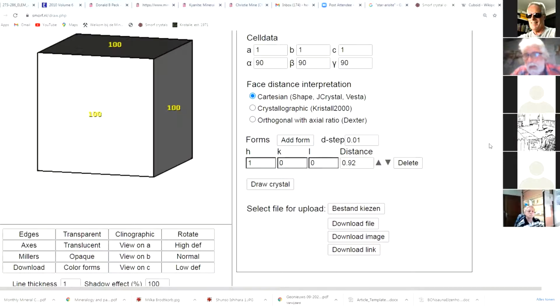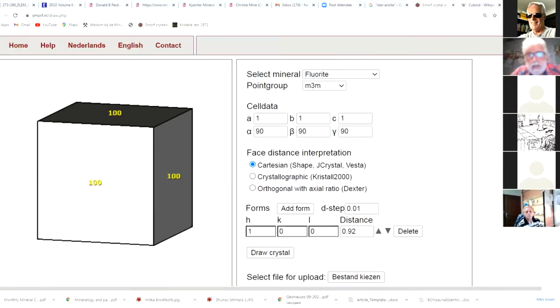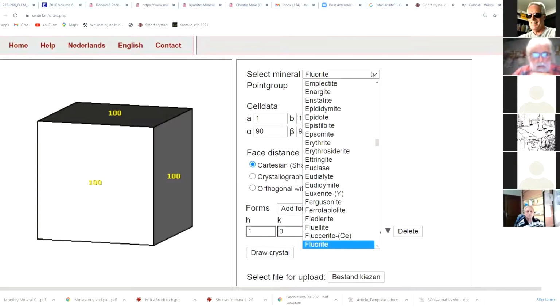Okay. Now let's see what happens if we take another crystal, another mineral that does not have that elevated symmetry like fluorite does.